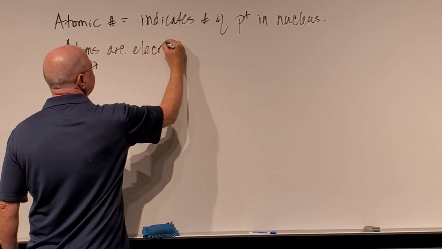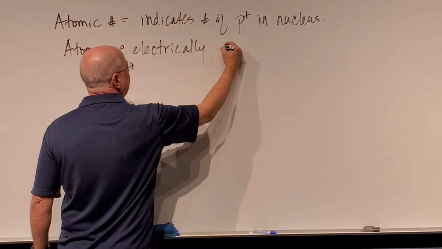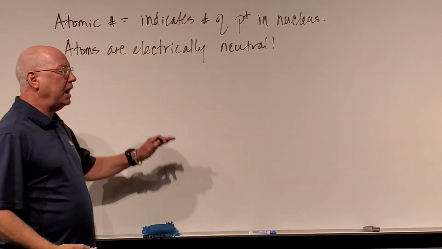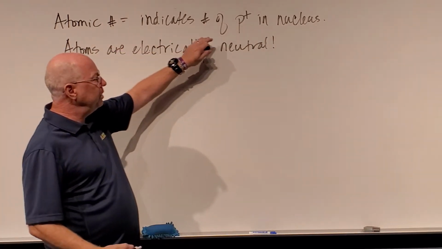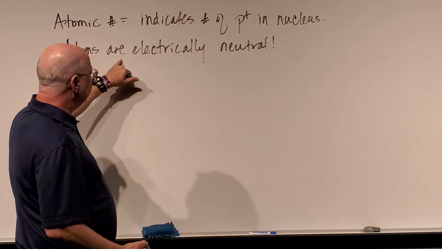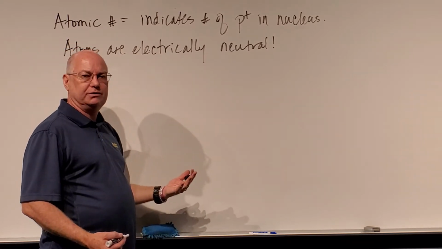So to be electrically neutral, if I have an atom that I know the atomic number, which tells me how many protons there are, and protons have a positive charge, and that atom is electrically neutral, then the atom must have the same number of electrons.